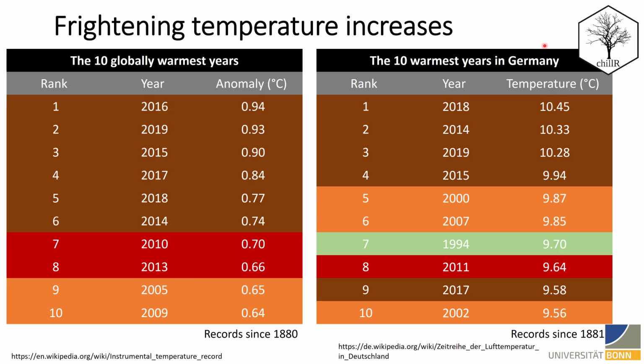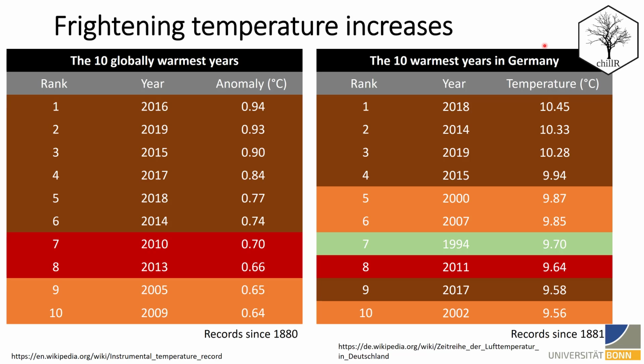In Germany, the situation is actually quite similar. Not quite as extreme, because locally there's always more variation, but we have records here since 1881. And the longest ago year that we have in this list is 1994, ranked 7th here. But also here, the warmest among the 4 warmest years that we've experienced are the 2 last years.